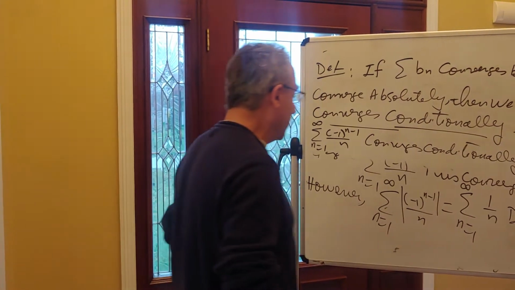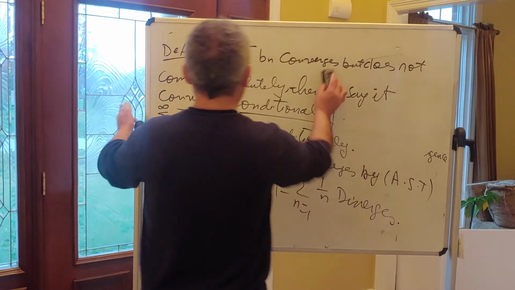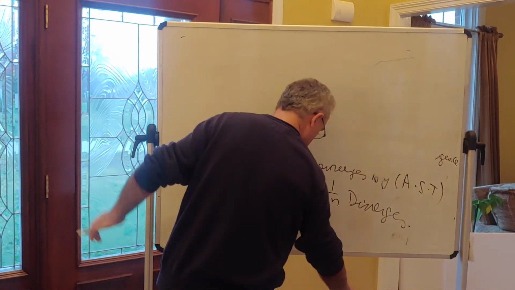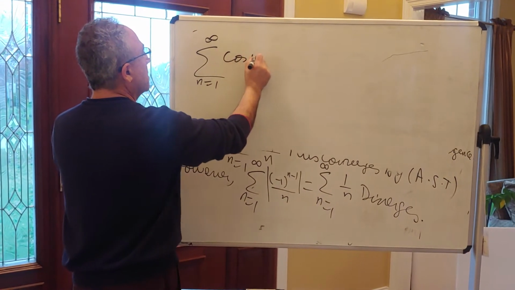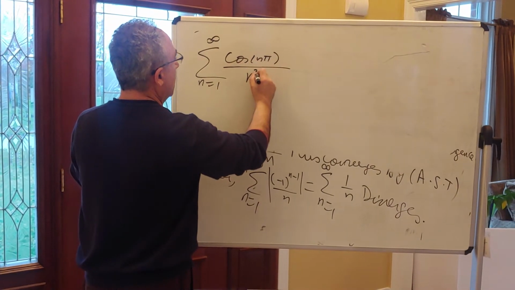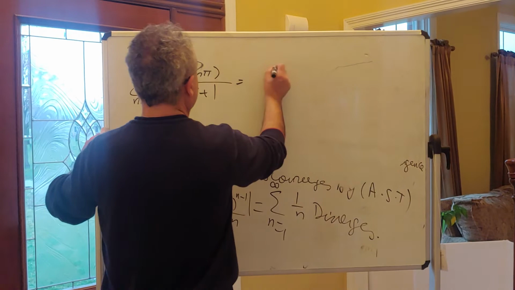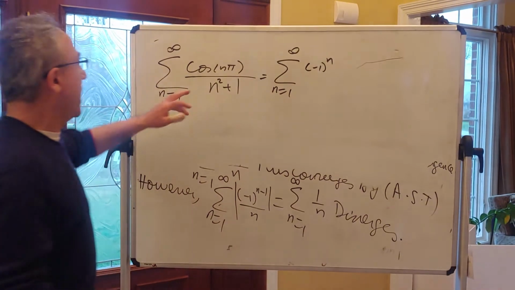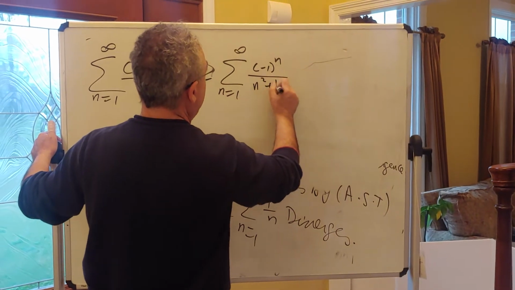For example, if you want absolute convergence, the sum from n equals 1 to infinity of cosine of n pi over n squared plus 1. Well, if you look at this, this is the sum of minus 1 to the n over n squared plus 1.